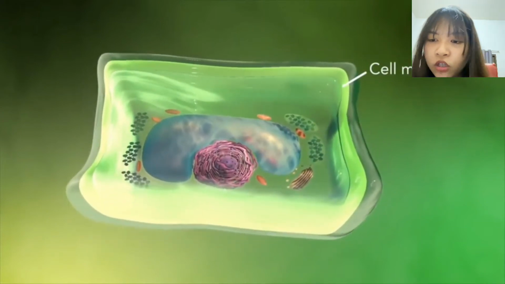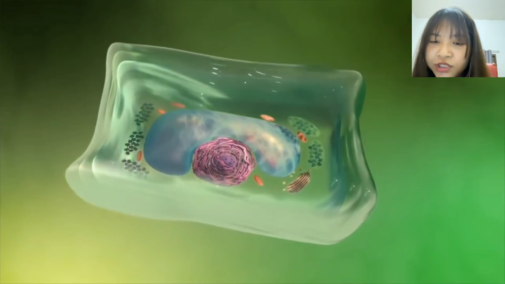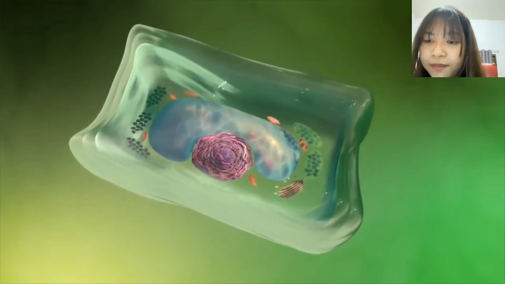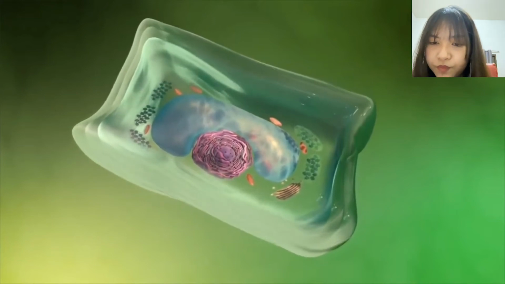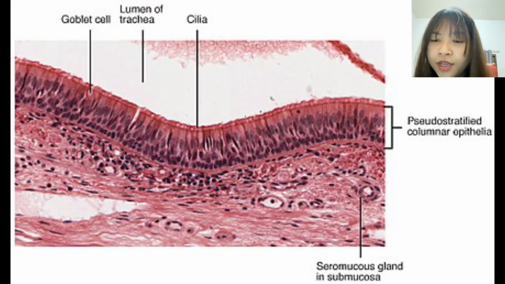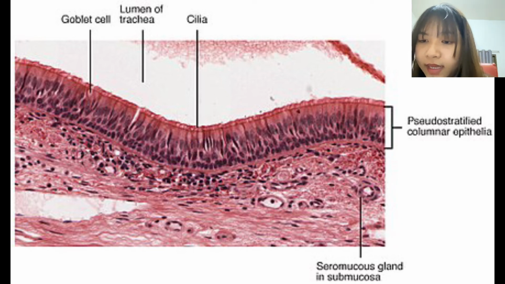There are many other unique structures that only some cells have. Here are just a few. In humans, for example, the respiratory tract is lined with cells that have cilia.